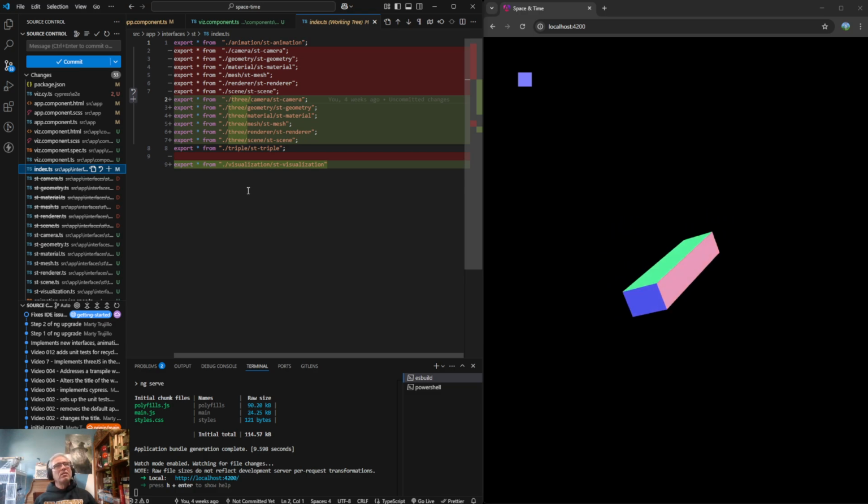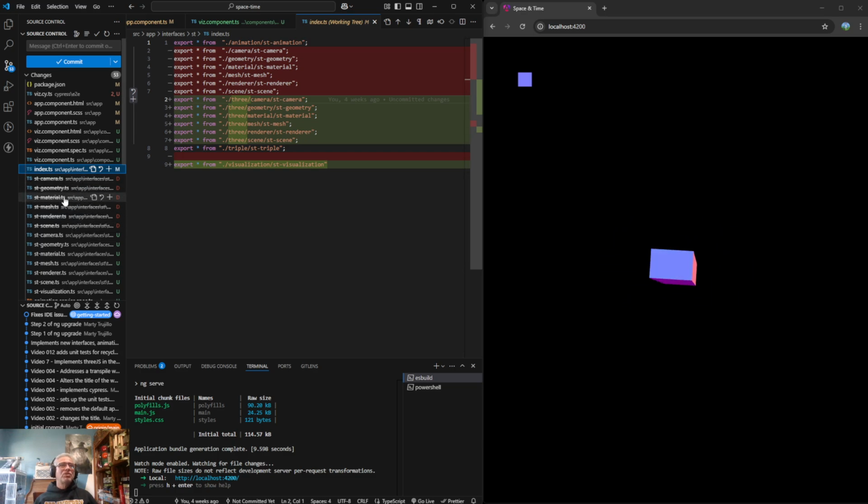It is weird, I don't really understand what I was doing, but I'm sure I could dig into it and figure it out. But yeah, here's where they were all moved, from app interfaces ST mesh to 3 mesh, 3 camera.